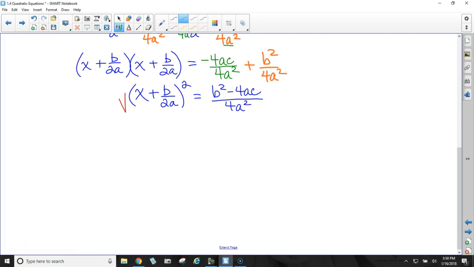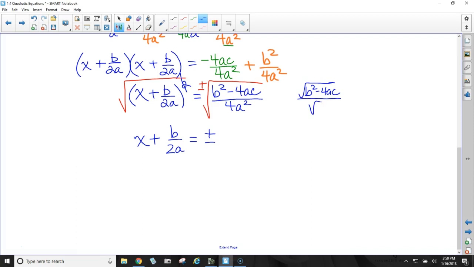At this point, we are ready to take the square root of both sides, not forgetting your plus or minus symbol when you do that. So remaining on the left-hand side, we have x plus b over 2a. On the right-hand side, we have positive and negative, the square root of the top, b squared minus 4ac, over the square root of the bottom.